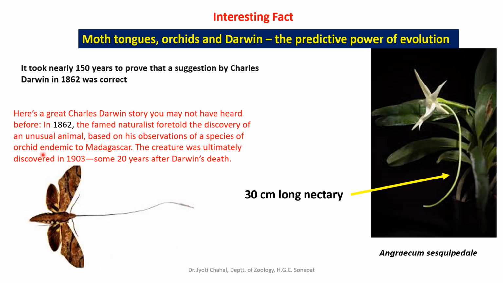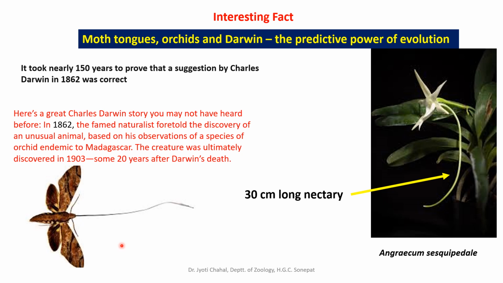Now, to honor Darwin, who speculated the existence of this moth years before its discovery, that such a moth must exist in Madagascar which can pollinate this, and that must have a long proboscis of approximately the same length as the nectary, this moth was named after Darwin as Darwin's moth.